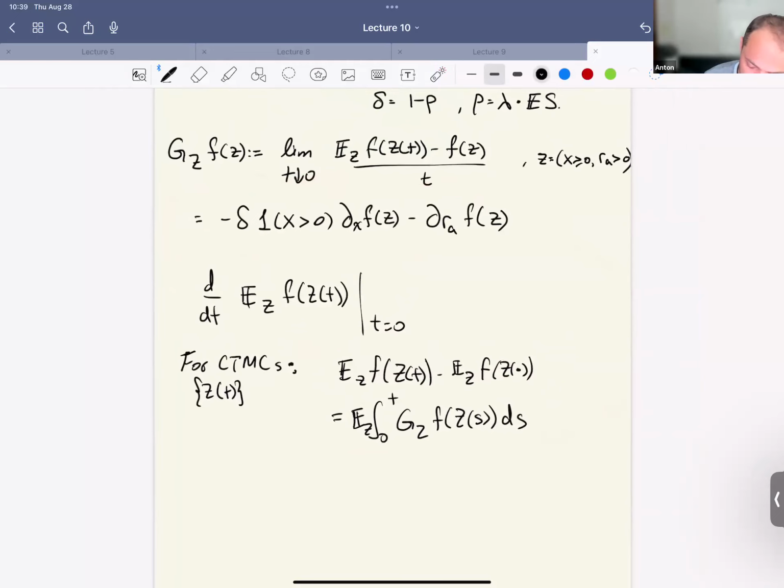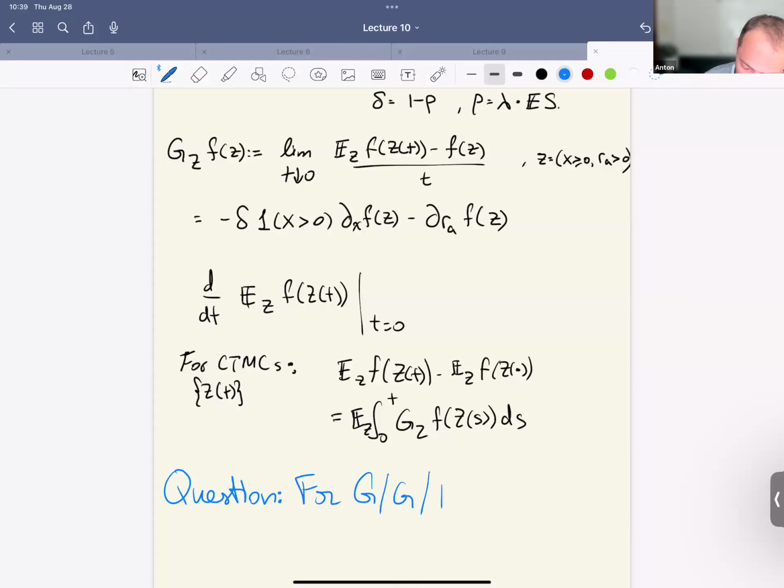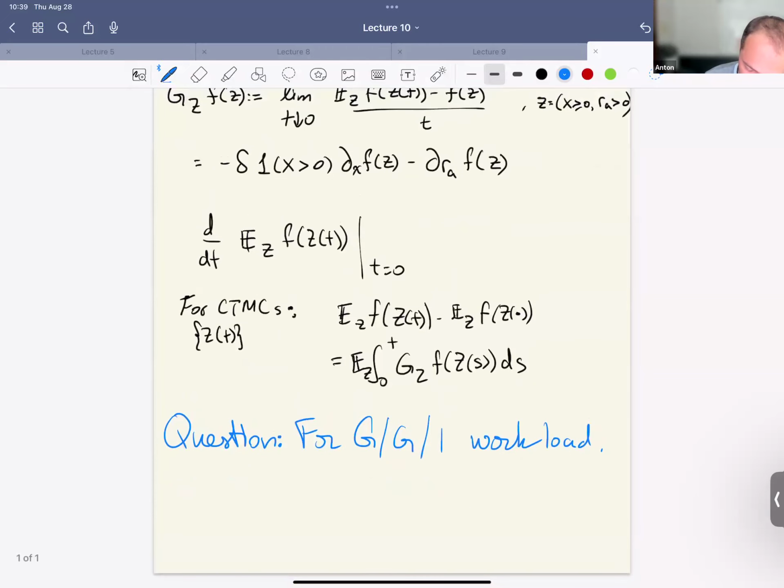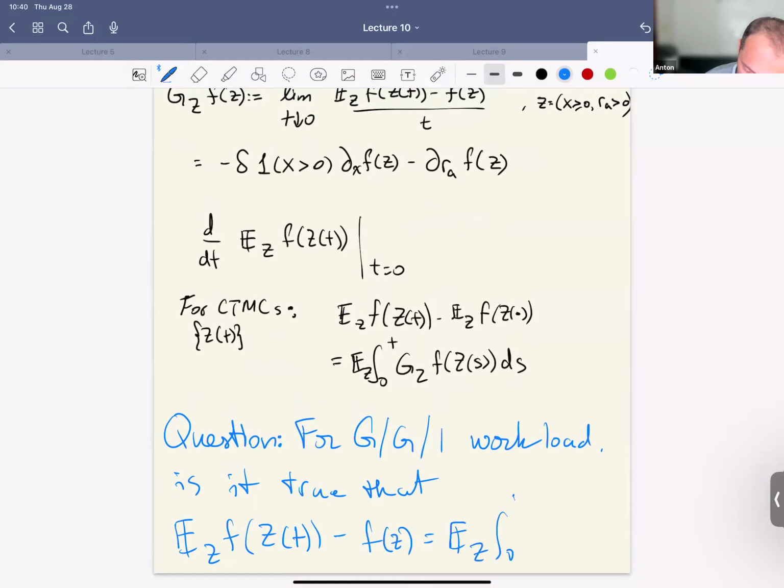Question: for the GG1 workload, is it true that basically this same thing holds? And the answer is no.